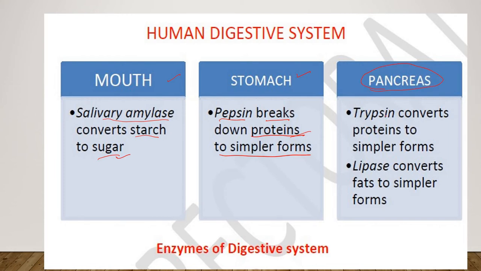In the pancreas, there are two enzymes, trypsin and lipase. Trypsin digests the rest of the proteins left in the stomach into their simpler forms, and lipase converts the fats into their simplest form. So these are the enzymes of the digestive system.